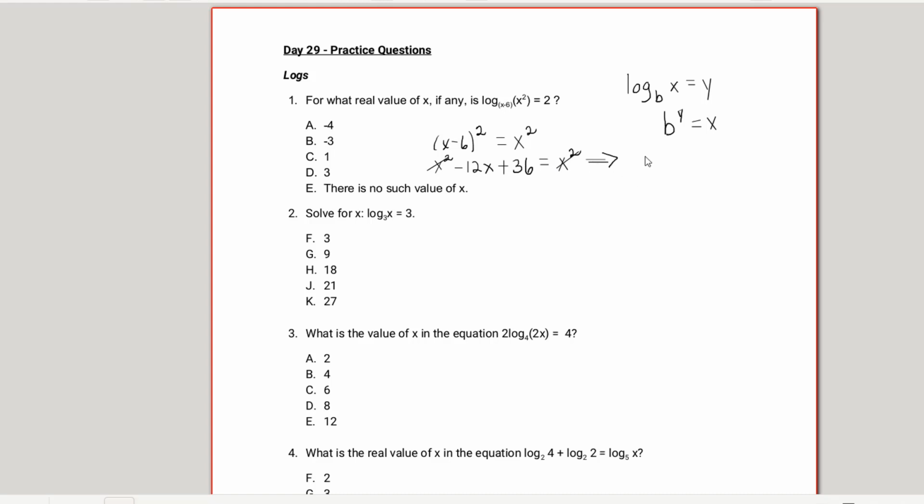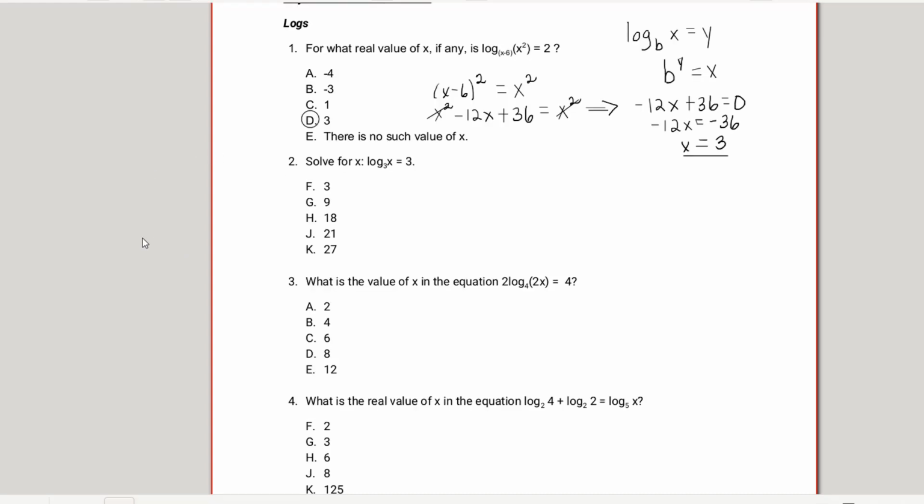We're left with negative 12x plus 36 equals 0. We want to solve for x. We get negative 12x equals negative 36. Divide through by negative 12, and we get x is equal to 3. We were looking for the value of x, and that is 3. Answer choice D.